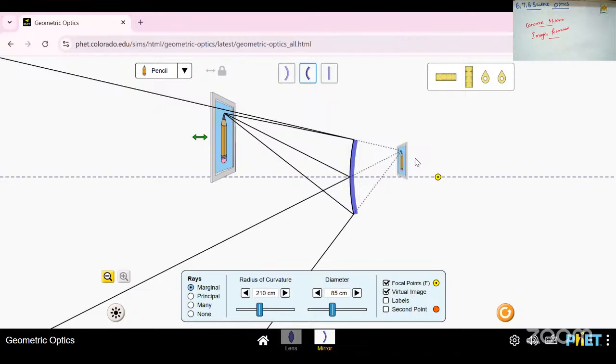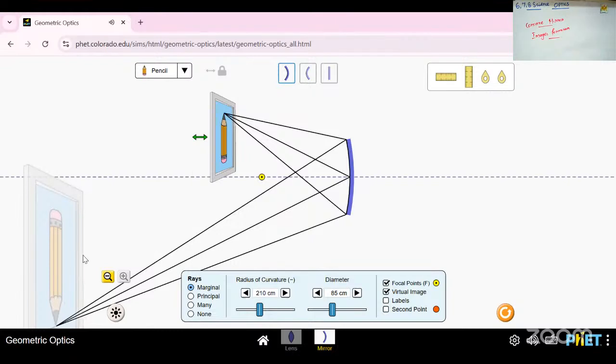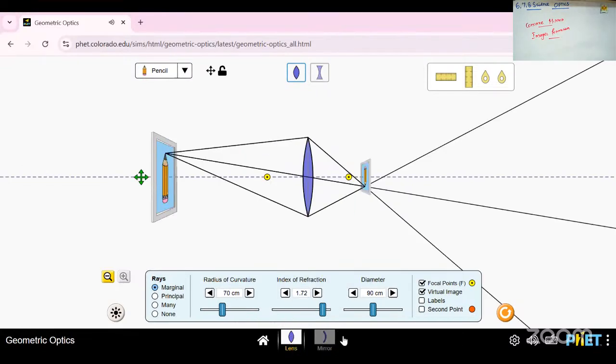We already know from the previous simulation how the images are formed in this area. So how is the image formed in this lens? Okay. So these are the images, the ray diagrams of convex, concave and plane mirror formation.